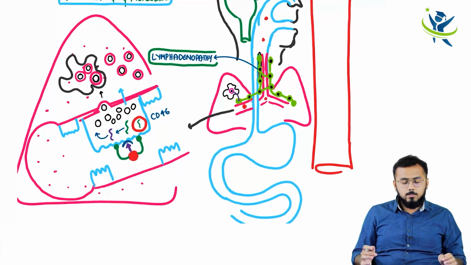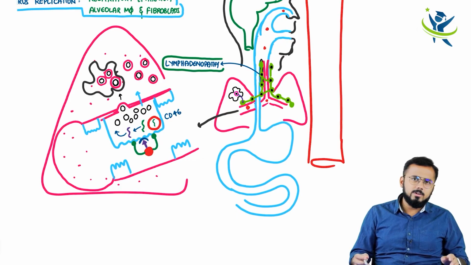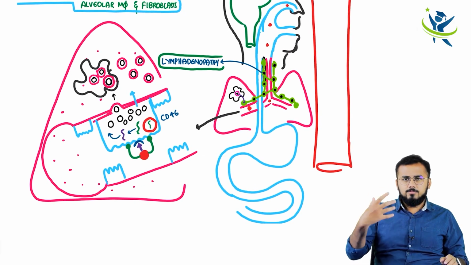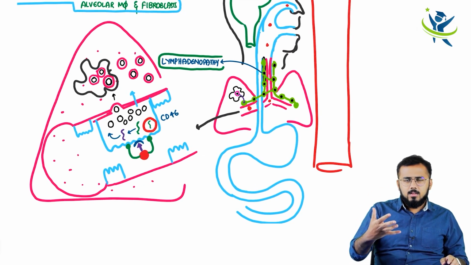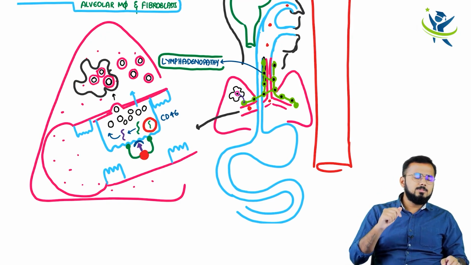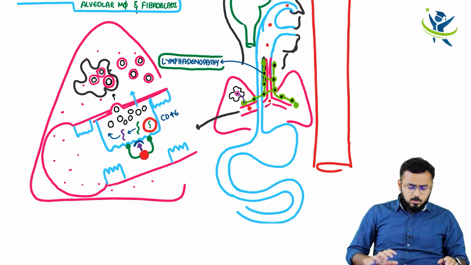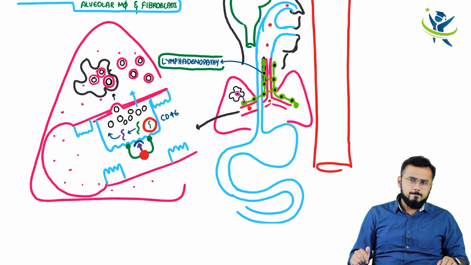So this is the first important thing. That is, when patients have measles or mumps or rubella or whatever it is, the lymph nodes are the first thing which are affected. That is the reason why they have lymphadenopathy, swollen lymph nodes. Even in a measles patient, if you try to palpate the lymph nodes, you will find swollen lymph nodes. So lymphadenopathy is the first important thing.